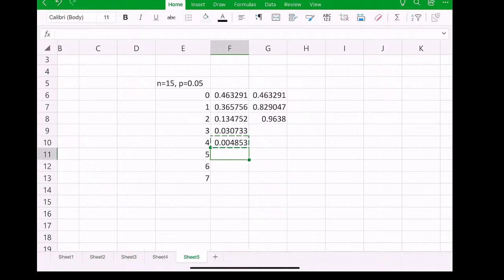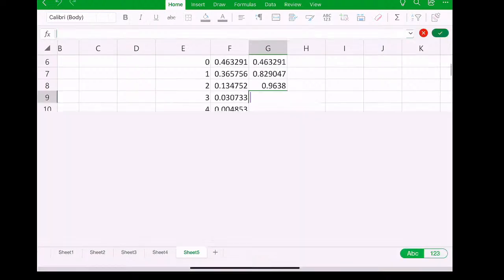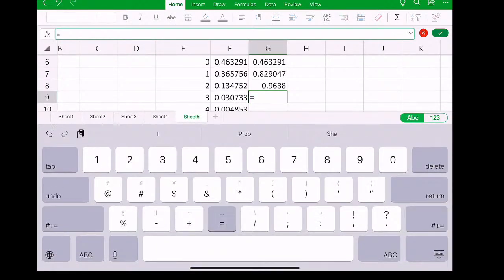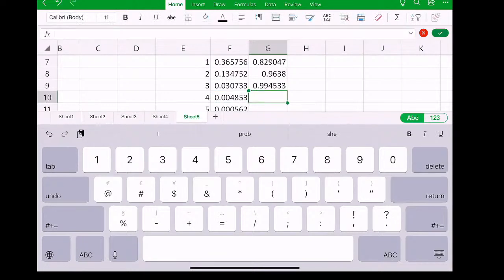You see how small they get. So this is clearly not symmetric, right? It's just getting smaller and smaller and smaller. And I can copy that formula all the way down.